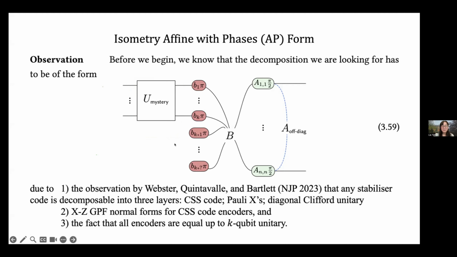Before learning about this observation by Webster, Quintavalle, and Bartlett, we were also looking at this form because it seemed familiar from the state AP normal form. Also, we could find a few examples of CSS codes followed by CZ gates.